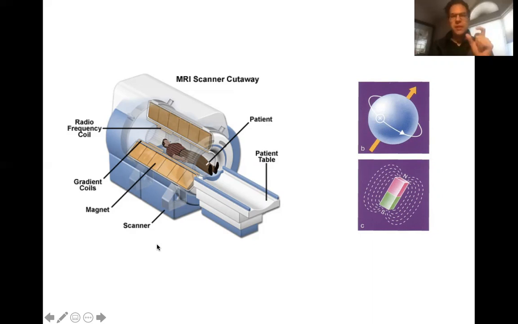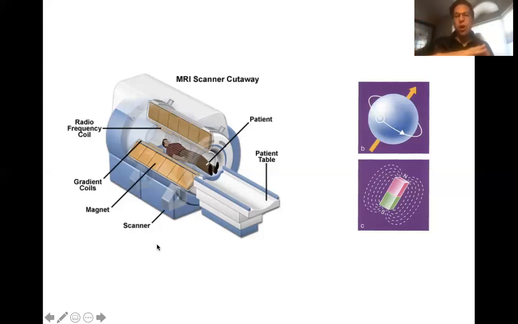And they found that if you send a magnetic pulse at the same rotating frequency as the atom, this is called the Larmor frequency, you can transfer energy from the radio frequency pulse into the atom.